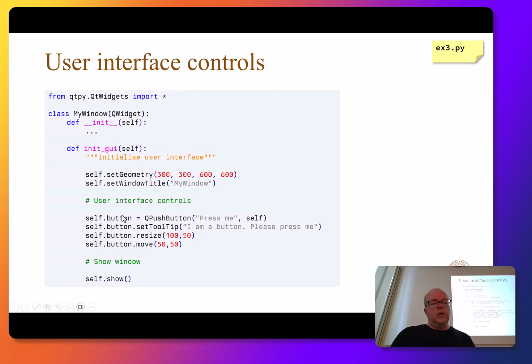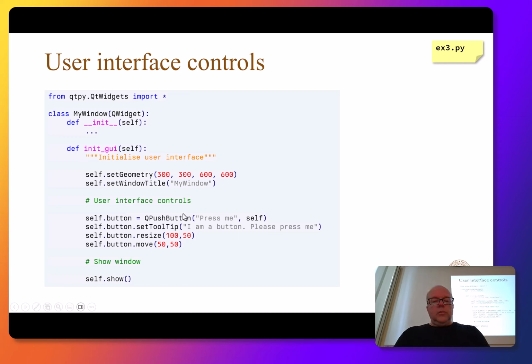So in this case, I put self here, and then I can refer to them later on with the name. If you only have static controls that you don't need to interact with, you can just create them here and add them to the window. You don't have to have self in front of them.